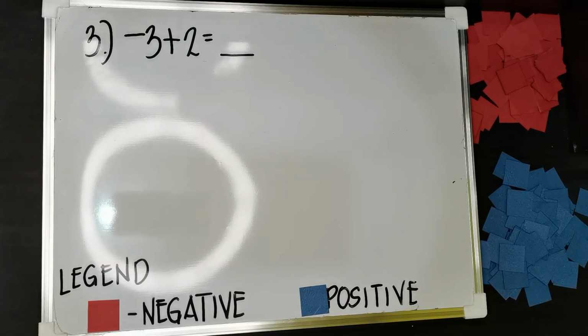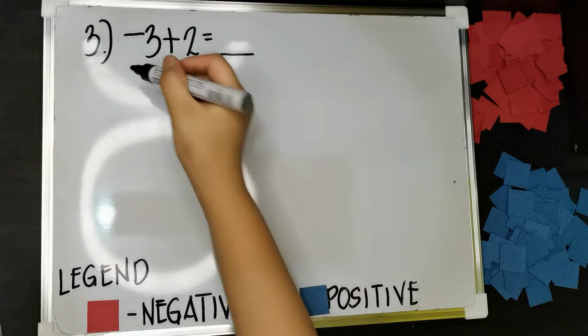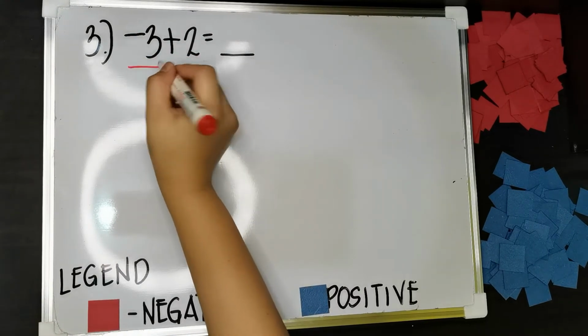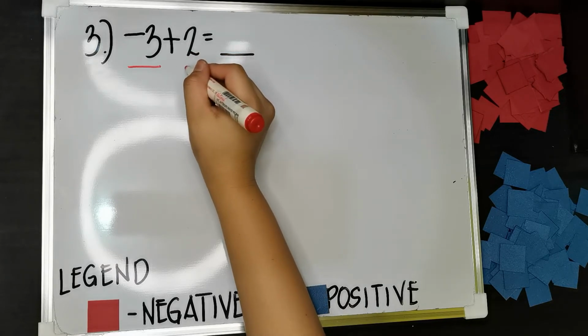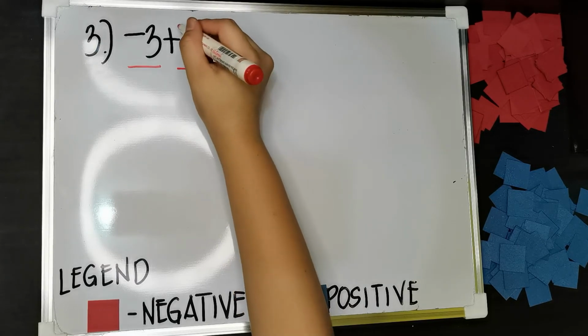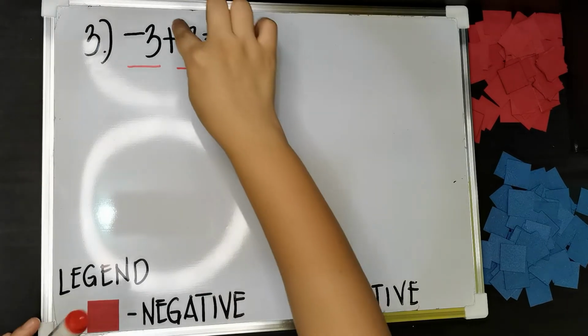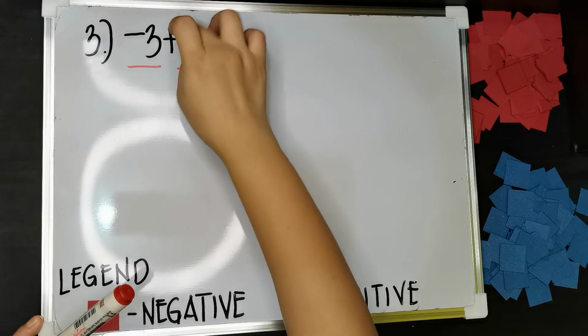Okay? So, first, sabi natin, identify the sign of your integers here. Ano ba ang sign ng ating 3 dito? Ang sign ng 3 dito is negative. Ang sign ng 2 dito is what? Positive. Remember, ha? I'm not going to put that positive sign anymore there kasi you're already high school and alam niyo na dapat yan.